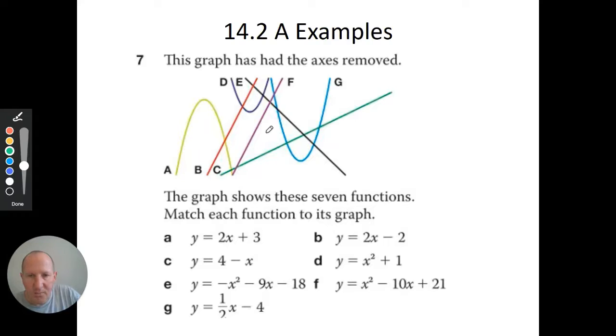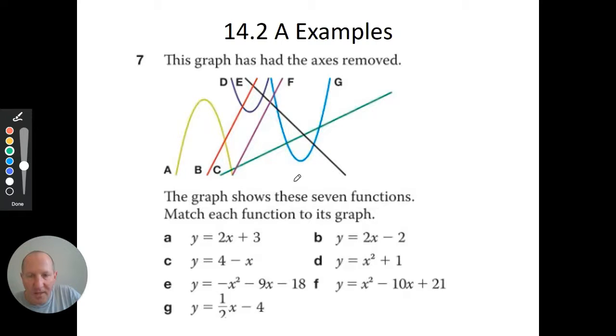Now, if we start looking for negative gradients on the linear lines, that one there is the only negative. So the only negative gradient in a linear equation is this one here. You've got minus x, that negative gradient. So this one here is C. So the answer for C is to pick out the line E. That's what you should see in the back of the textbook.